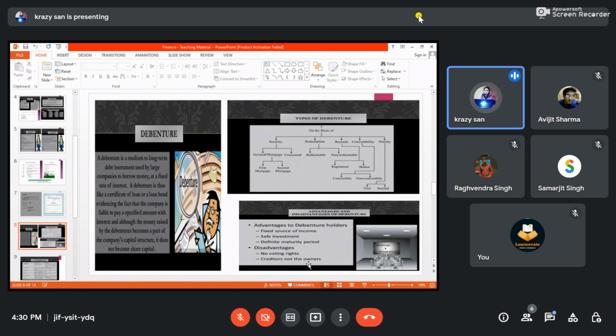A debenture is thus like a certificate of loan, evidence of the fact that the company is liable to pay a specified amount with interest. Although the money raised by the debenture becomes a part of the company's capital structure, it does not become share capital. It becomes part of the capital structure of the company.